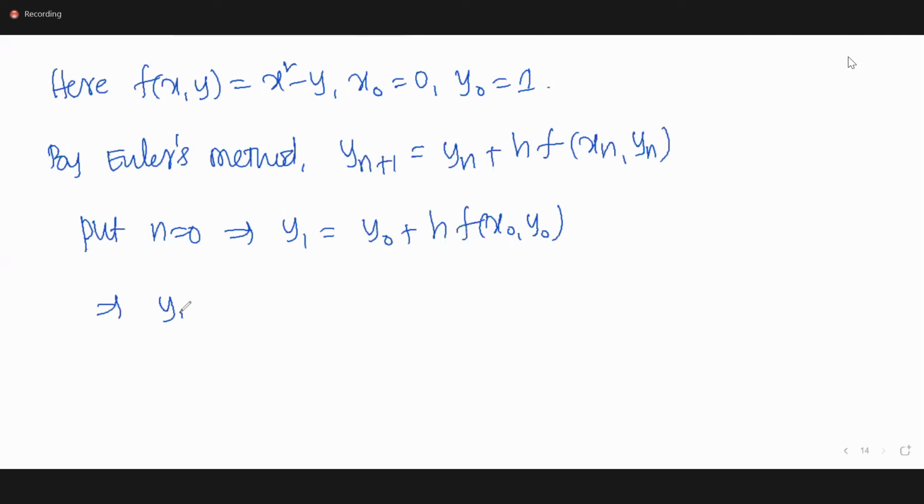So y1 is equal to y of x1, which is y of 0.1, is equal to y naught value 1, h value 0.1, f of x naught value 0.